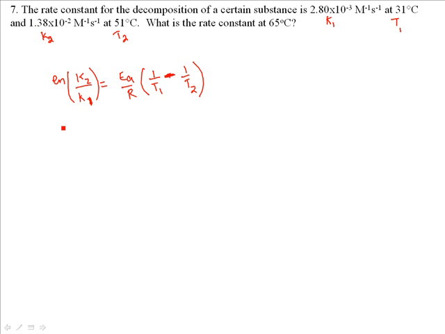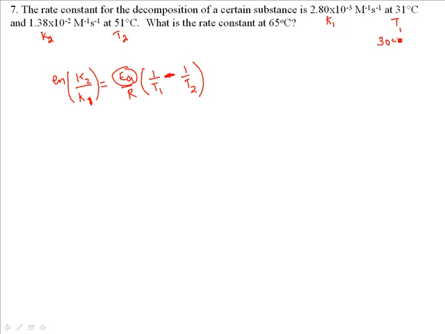Alright, well, I have K1 and T1 and K2 and T2, but I can't pick one of those and use it with this rate constant because I need the energy of activation. So since I have these two sets of values, I can plug them in, solve for the energy of activation, and then use the same steps and plug in the new temperature to solve for the rate constant at the new temperature. Now, you must remember that your temperature needs to be in Kelvin.